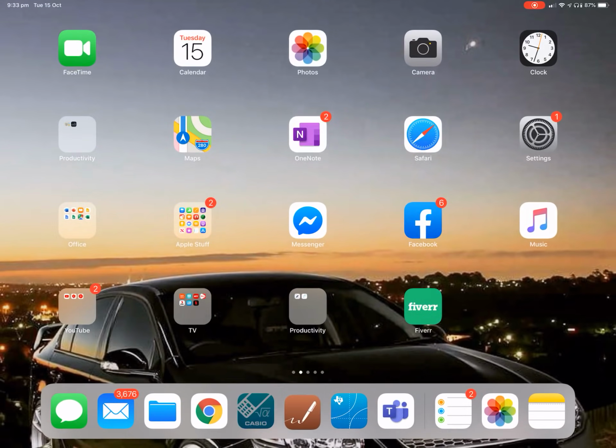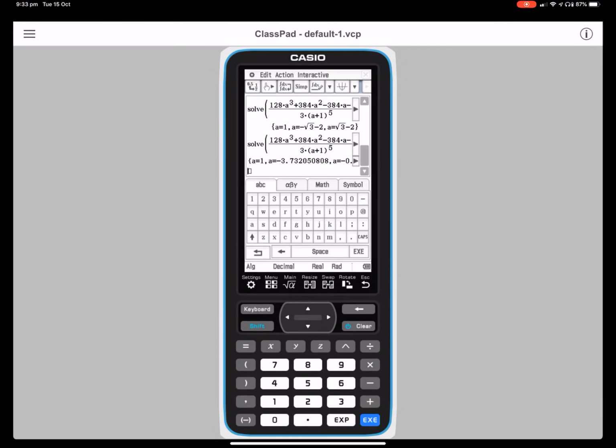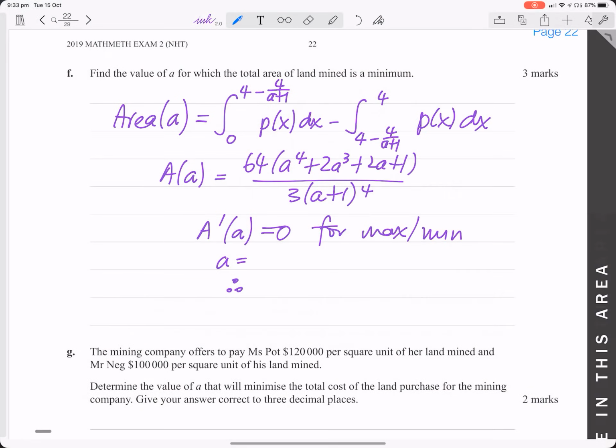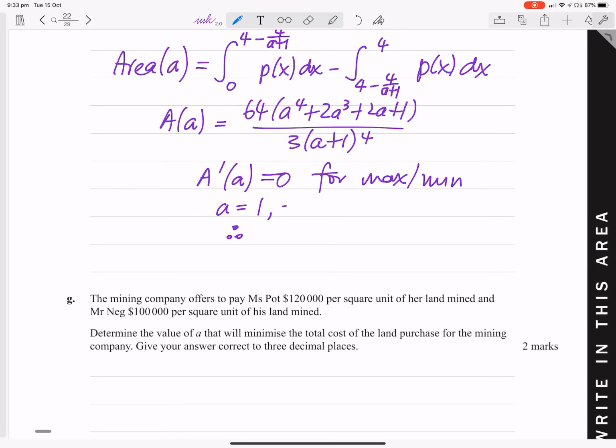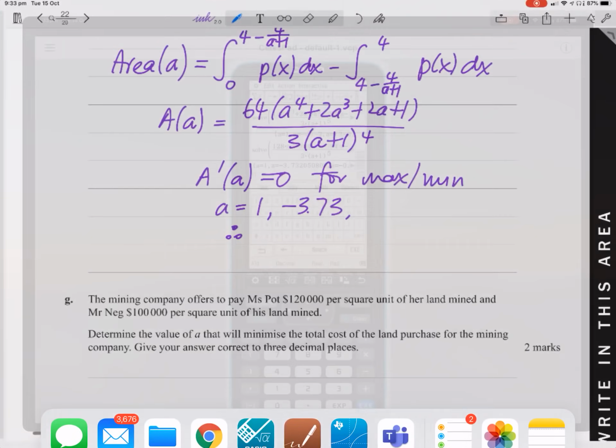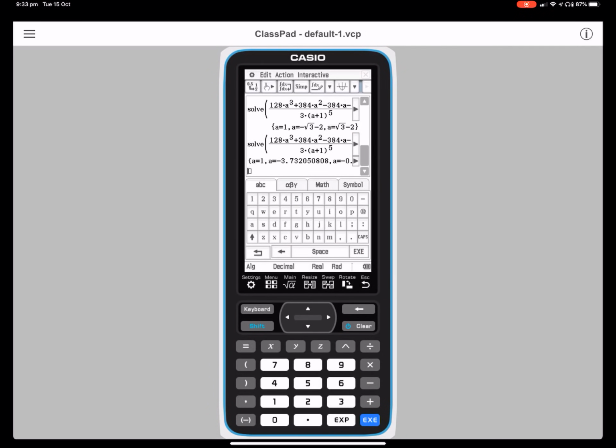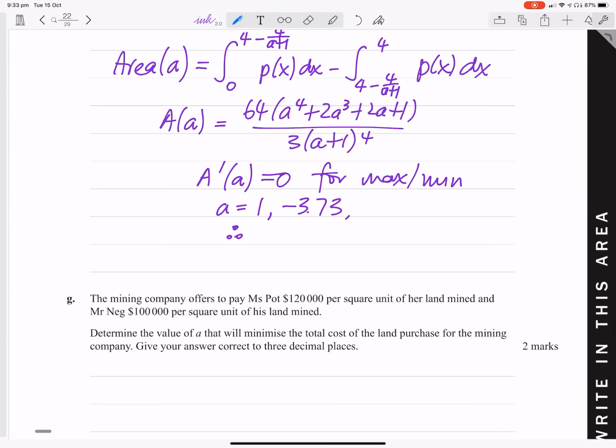What were the other values? 1, negative 3.73, and then negative 0.268. However, a is greater than 0, so therefore a equals 1.